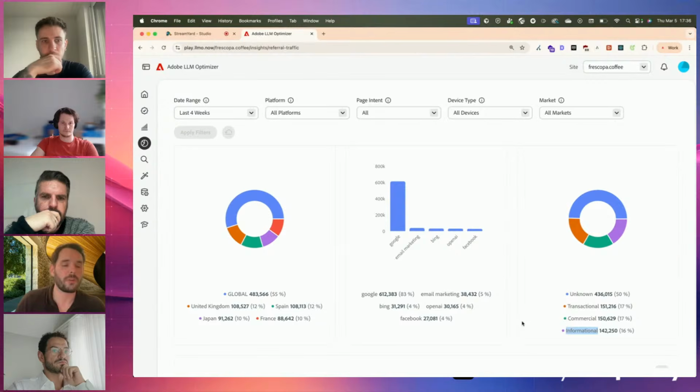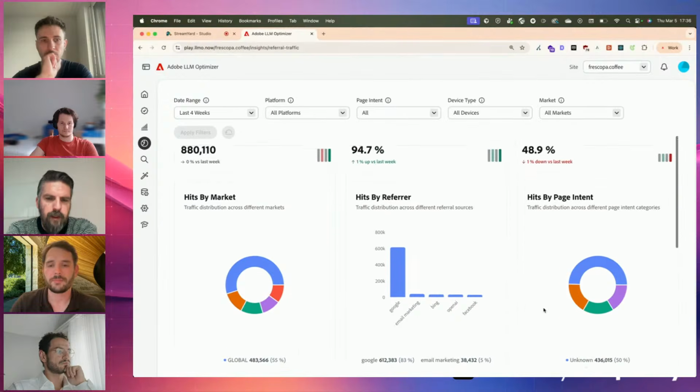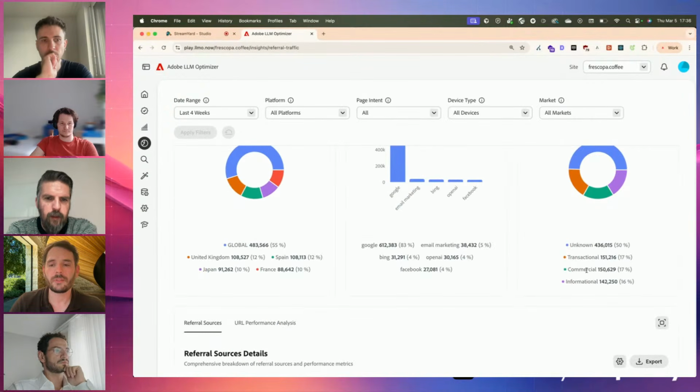Informational would be a blog post, for example, or the home page. Commercial would be a product page, PDP. And transactional would be, for example, a category or a SaaS features page and that kind of thing. And PDP is product detail page for anyone wondering. Yes.